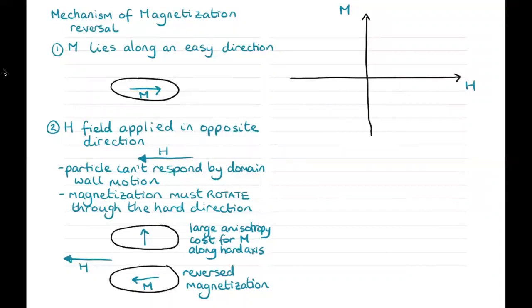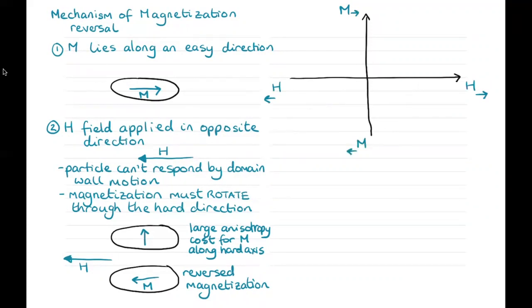And we're going to indicate field pointing to the right on the positive x-axis and field pointing to the left on the negative axis, and magnetization pointing to the right will be on the positive y-axis and magnetization pointing to the left on the negative y-axis.